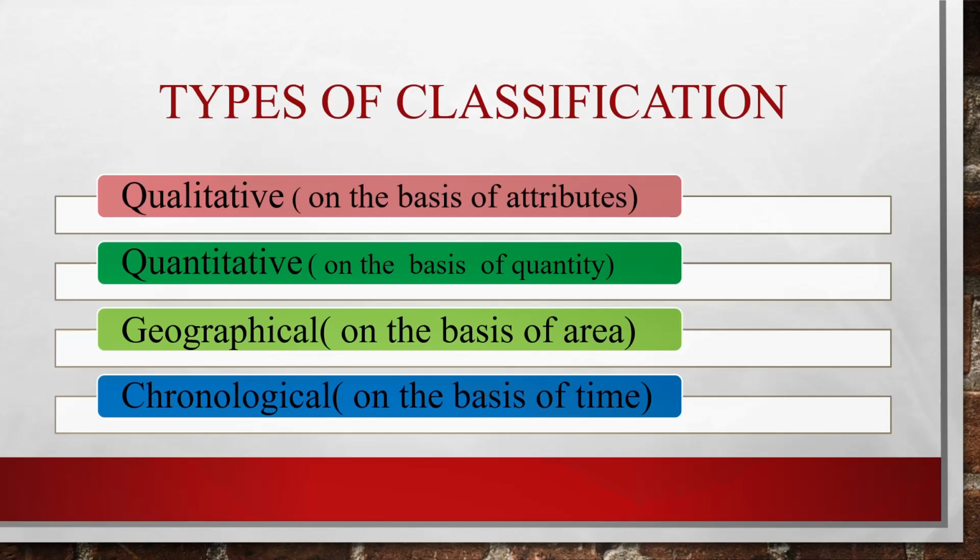Qualitative classification, as we said earlier, is based on attributes, that is taste, preference, etc. Quantitative is on the basis of quantity that can be measured in numerical form, for example income, profit. Geographical is on the basis of area, such as rural area, urban area. And chronological is on the basis of time, that is last year, this year, next year. In that way we can do chronological classification on the basis of time.